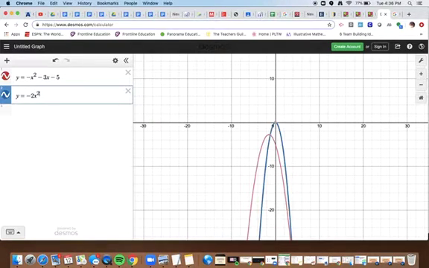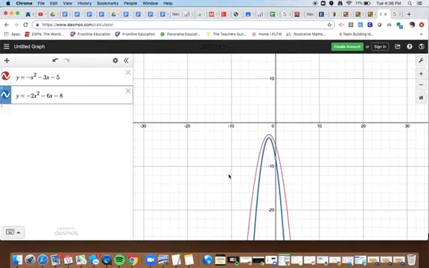Oh, I didn't put in the square, did I? Minus 6x minus 8. And we have something that's almost identical to the other one. So again, it does not cross the x-axis. It crosses the y-axis. Most of these at some point will cross the y-axis, but only in one spot. And that's not the solution to the equation when you set y equal to 0, obviously.